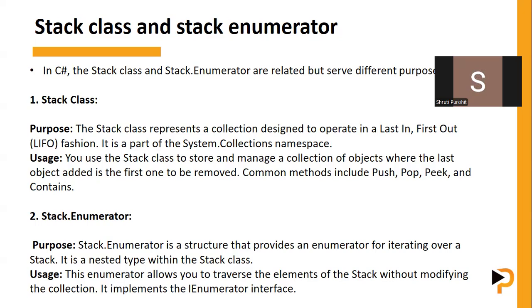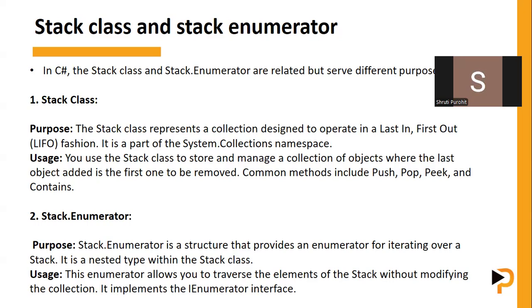Now, enumerator is used to iterate over the stack. So we want an iterator. Whenever we are working with a huge amount of data, we normally consider an array, then we use for loops and other looping structures, then foreach loops. So to iterate through the stack, we have a separate enumerator, called the iterator, and it's a nested type within the Stack class.